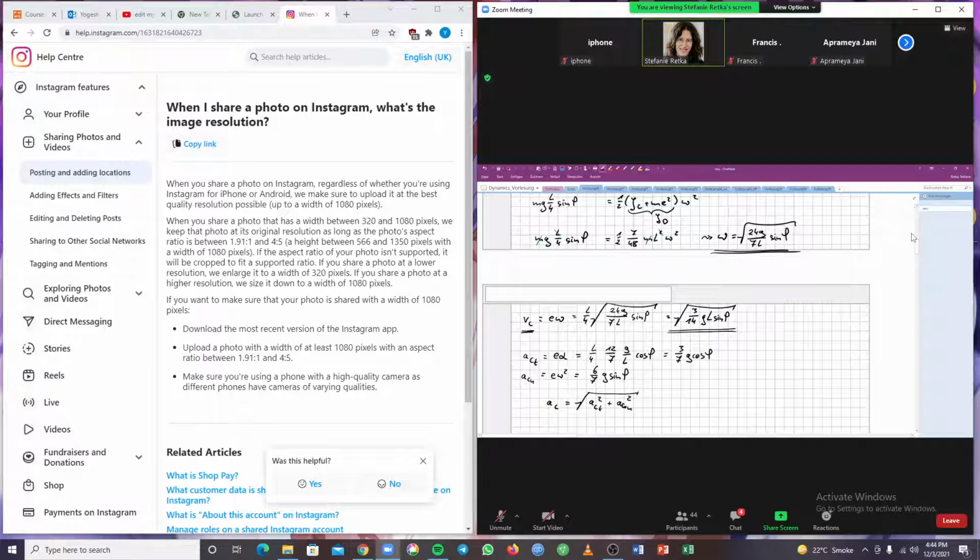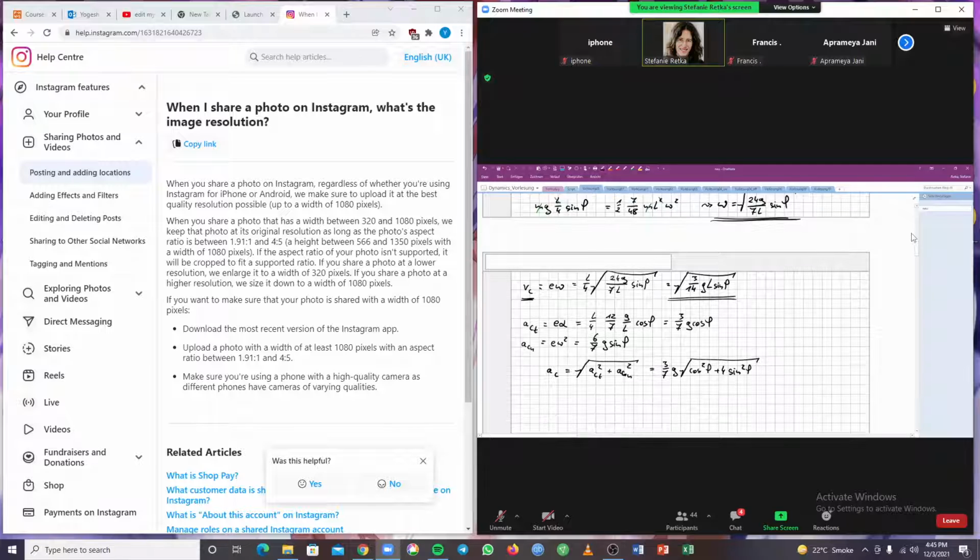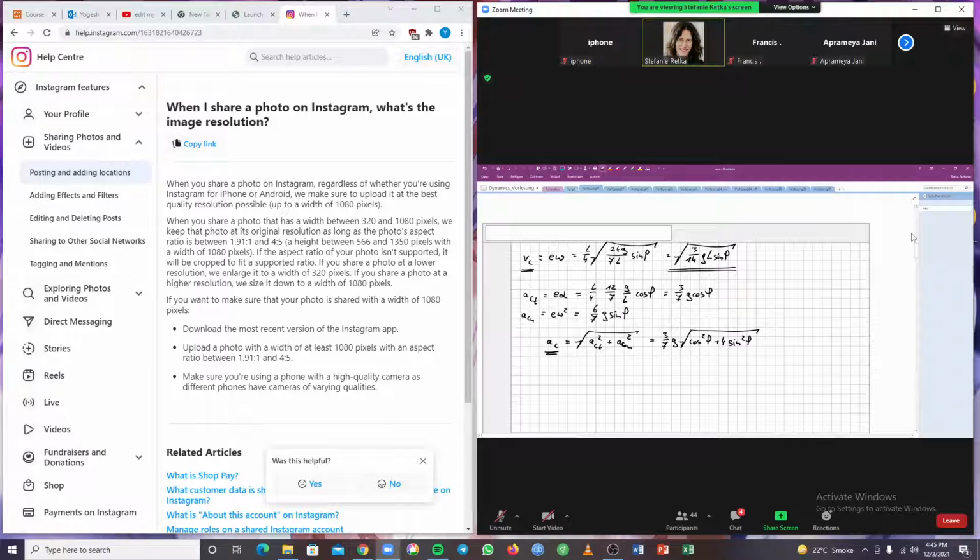And we do not have a lot of possibilities to simplify this equation since it's dependent on the angle. What we can do is put 3 over 7 times G outside of the square root. And then we have cosine phi square plus 4 sine phi square. So that's the second part of the problem.